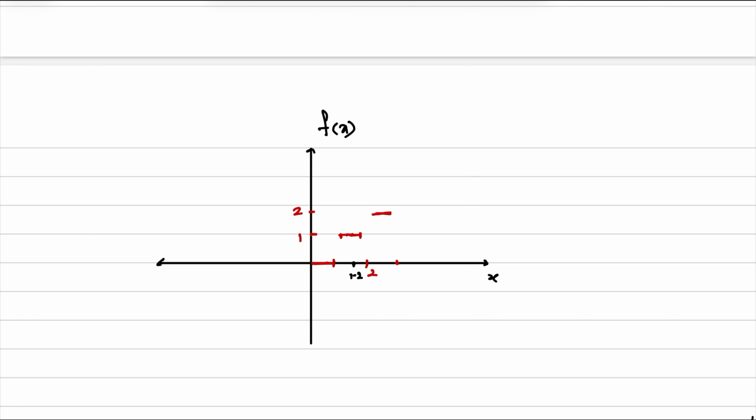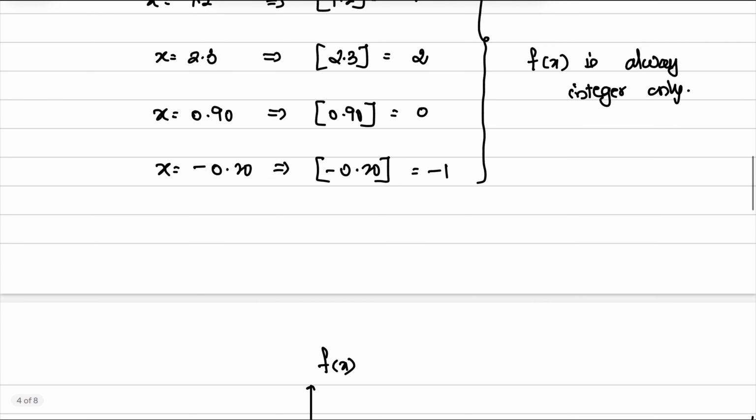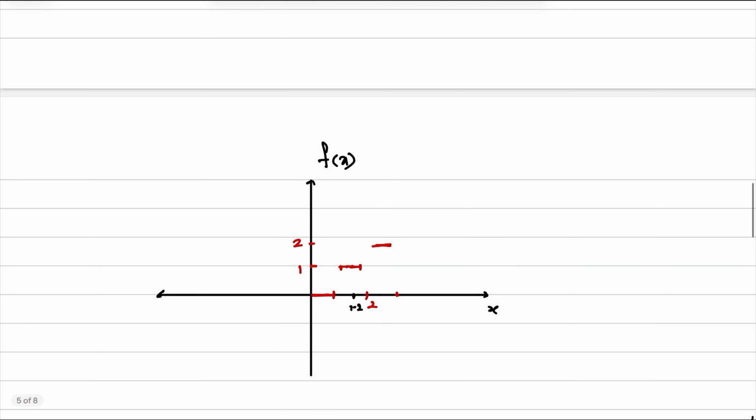The red line is the graph. X is minus 0.2, less than 0 and greater than minus 1. Let us say here it is minus 1. Then the value of function x is minus 1. This is the value.